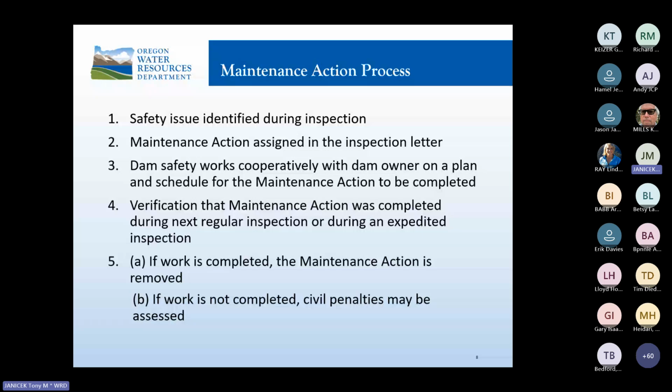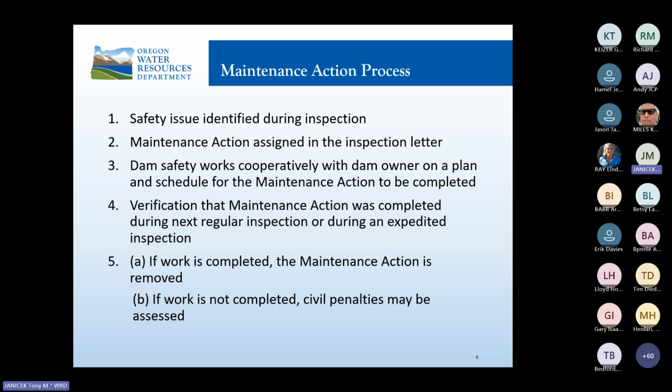And so the process for maintenance actions is that, as George mentioned, we would identify the safety issue during the inspection. And if it meets the definition for a maintenance action, we assign the maintenance action in the inspection letter. And at that point, we would work with the dam owner cooperatively to set a plan and a schedule for the maintenance action to be completed.